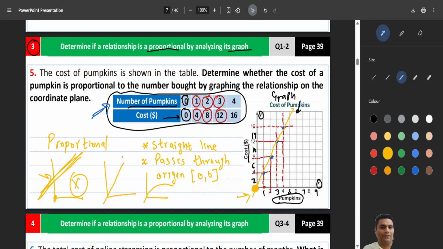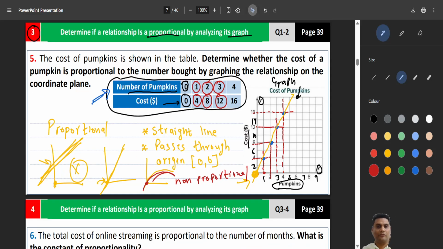Check the second one. This is a straight line, correct? It passes through the 0 also, correct? So this is proportional. Okay, check the third one. This passes through 0, 0, but this is not a straight line, this is a curved line, so this is also non-proportional. This was just an example to explain you different kinds of scenarios.